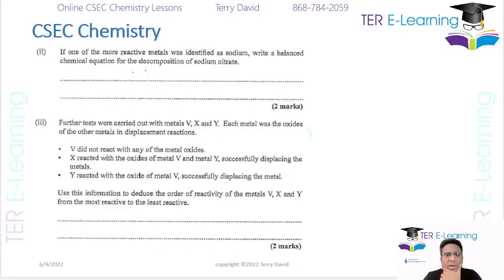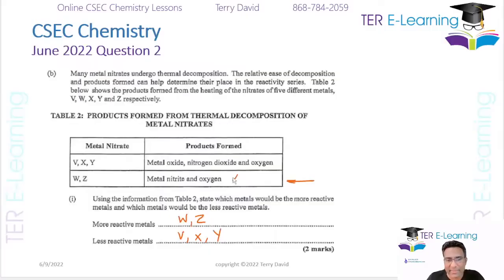Now, if one of the more reactive metals was identified as sodium, I know that I did this with my class. So sodium nitrate, that's a solid, and I'm going to heat that. Now they already guided you here with the answer, because they said you're going to get a nitrite and oxygen gas.